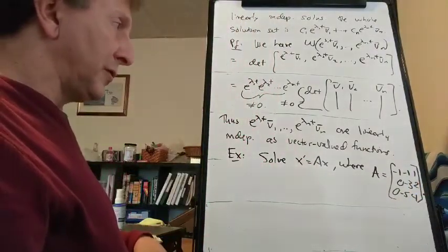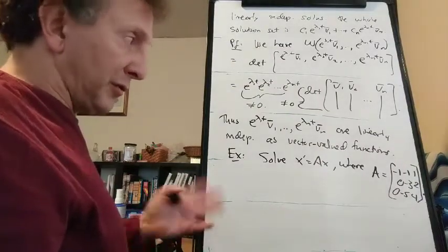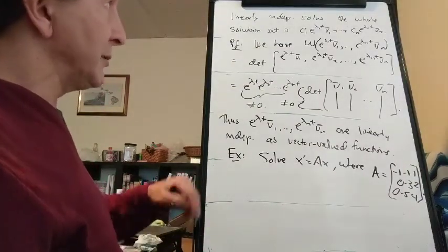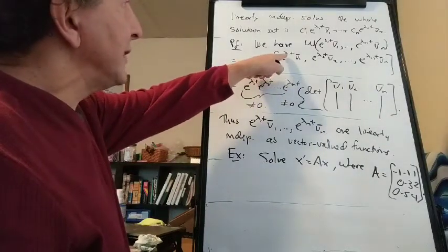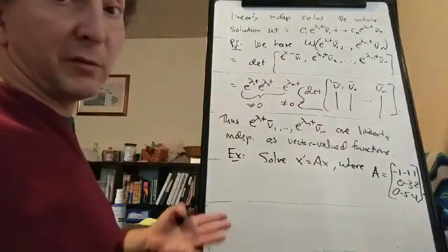So first thing we have to do is find the eigenvalues, and we'll use those to find the eigenvectors. And then we pretty much just plug in the eigenvalues in the exponentials and put them next to the eigenvectors, and those are the solutions.